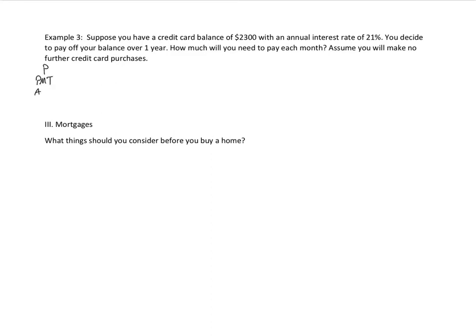We have APR. We have an N, and we have a Y. So the principal here is $2,300. The payment we're trying to figure out, the APR is 0.21, and that is a big interest rate. It will be monthly, and we are going to pay the card off within 1 year.